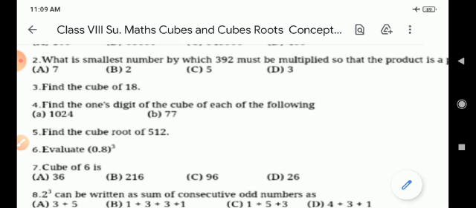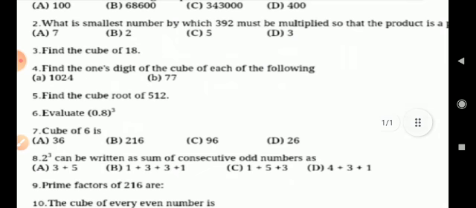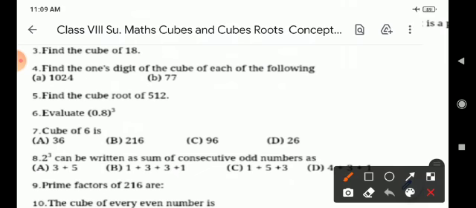Question number 4. Find the ones digit of the cube of each of the following. So children, 1024 has unit digit 4, the number ends in 4.